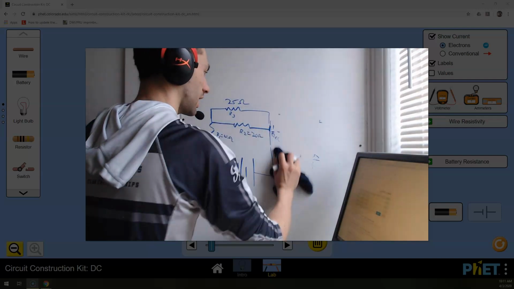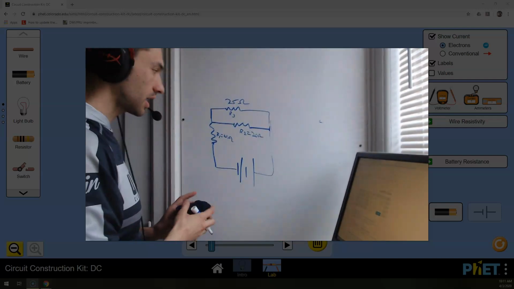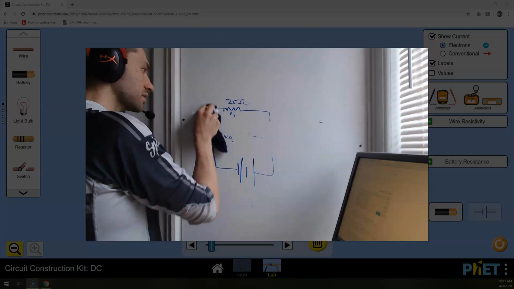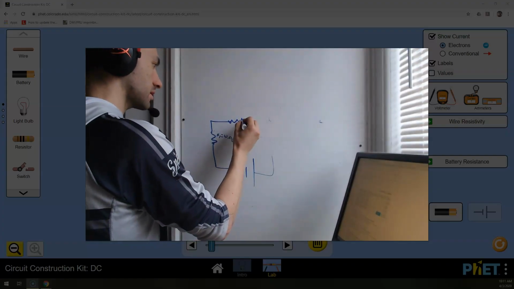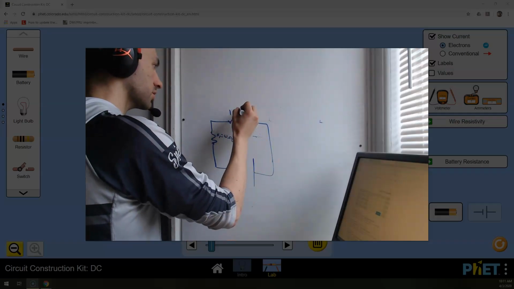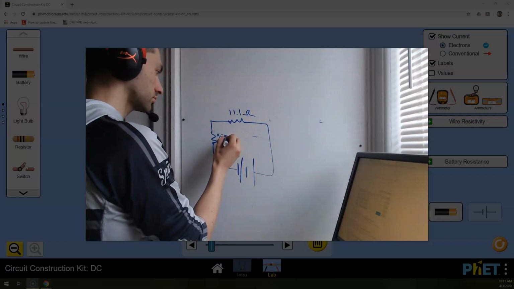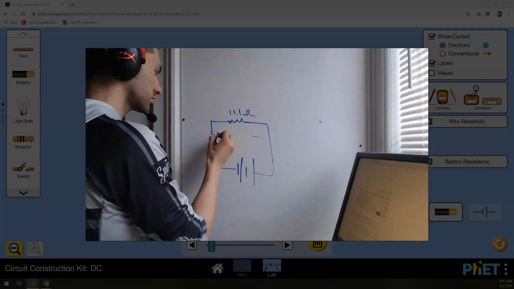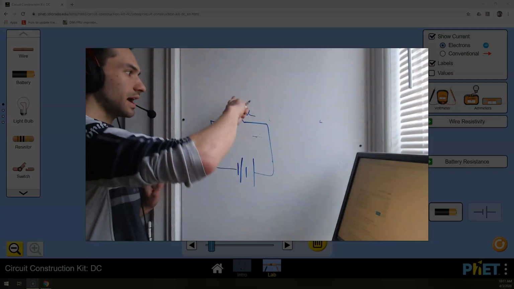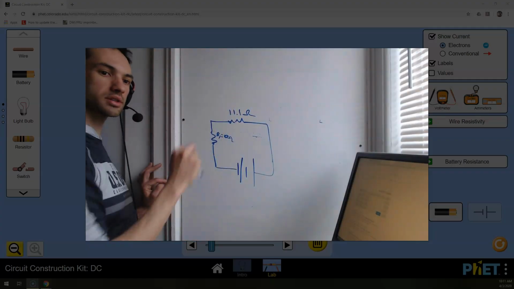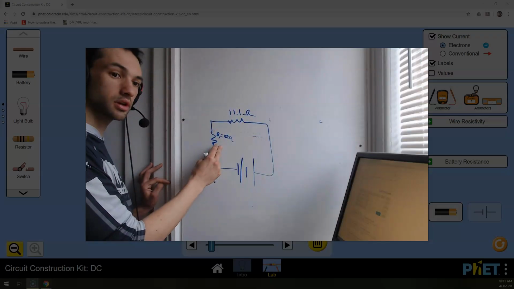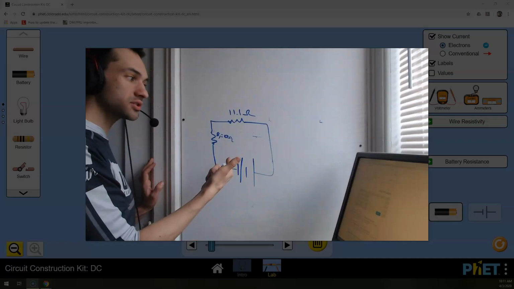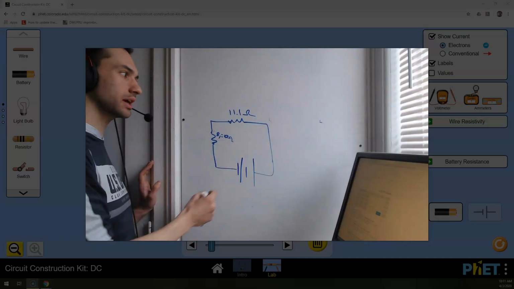Okay, so now we draw a brand new circuit. And your brand new circuit, I'm just going to erase, looks like this. This is the equivalent circuit. So instead of having these parallel resistors in addition to this resistor, this circuit is essentially the same thing.